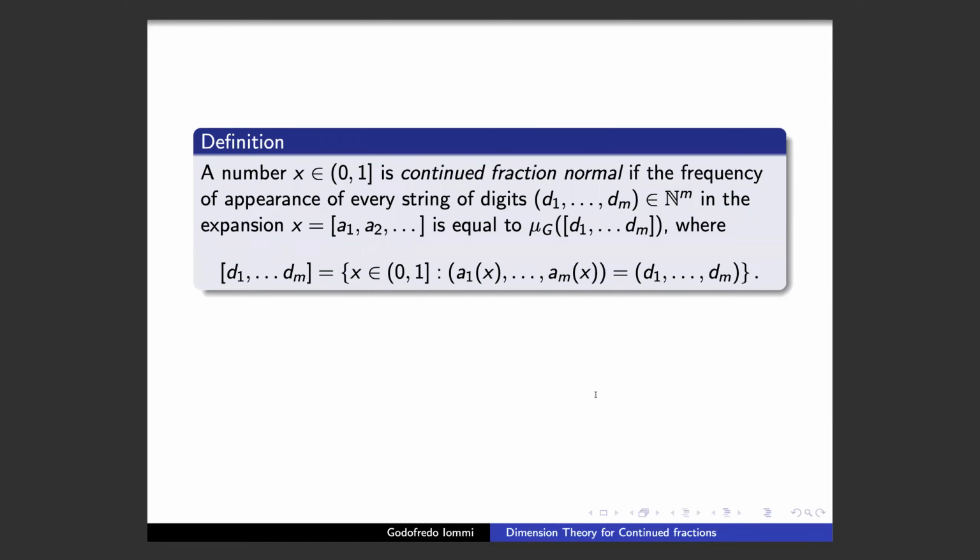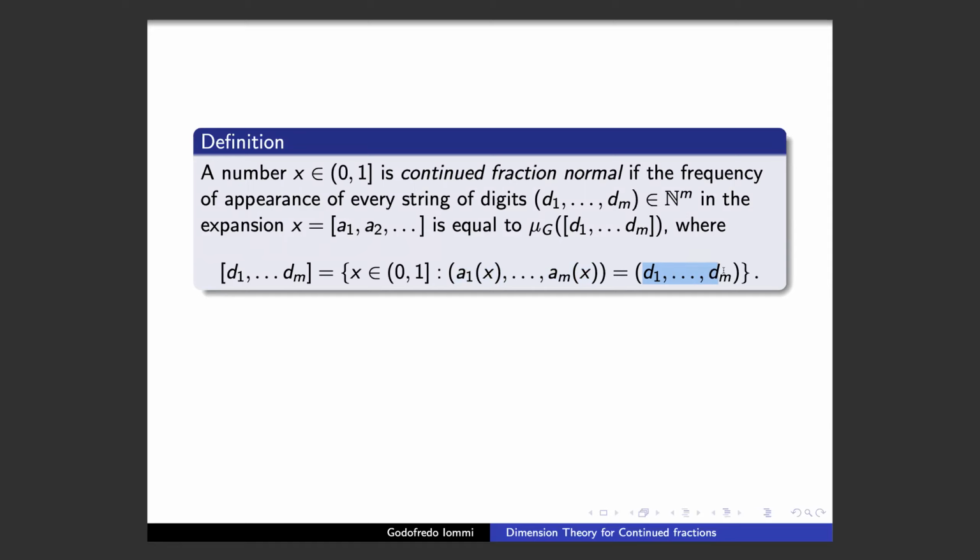We say that a number is continued fraction normal if the frequency of appearance of every string of digits d1 to dm in the continued fraction expansion of a number is equal to the Gauss measure of the cylinder d1 to dm. The cylinder d1 to dm is the subinterval of the unit interval which contains all points for which the first digits are indeed d1 to dm.